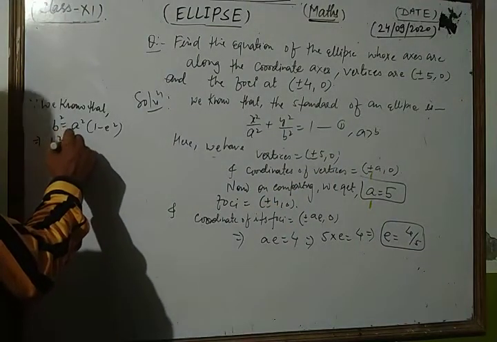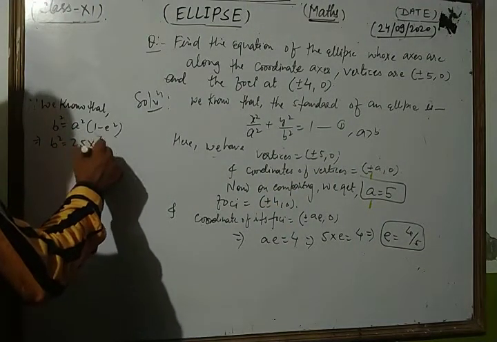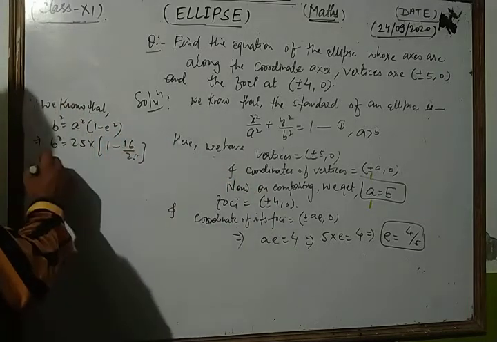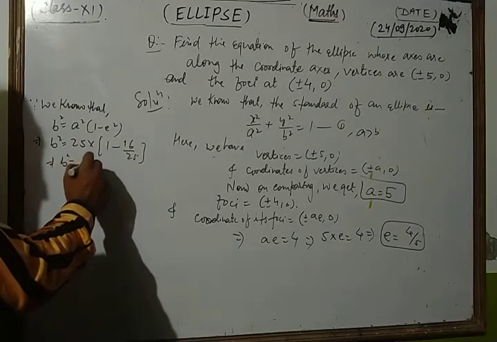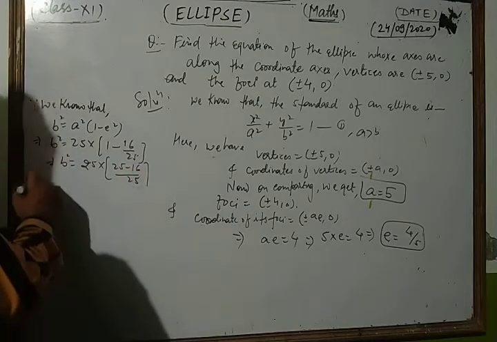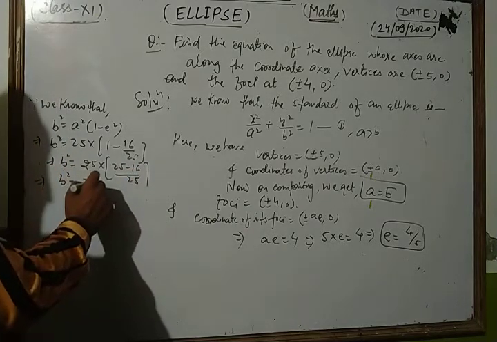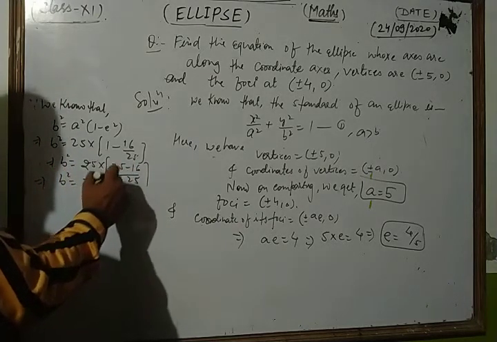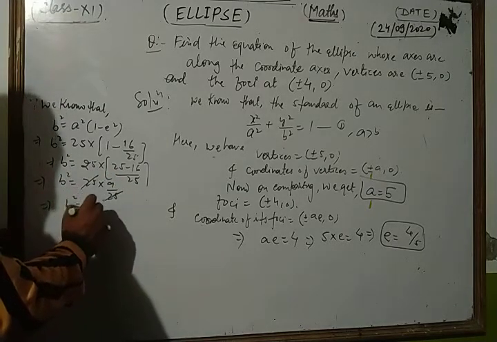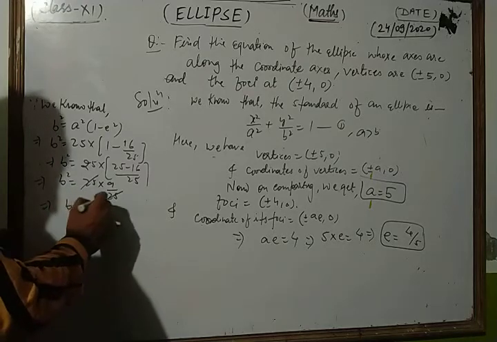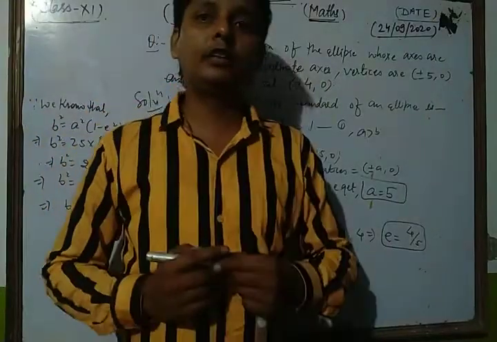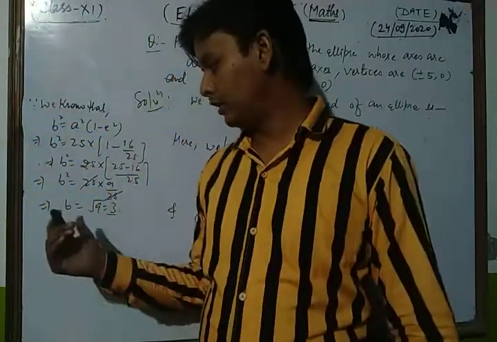We get B square is equal to 25 into 1 minus 16 upon 25, so B square is equal to 25 multiplied by 9 upon 25. This cancels out, so B square is 9, B is under root 9, that is 3. In this way, dear friends, we get the values of A and B.